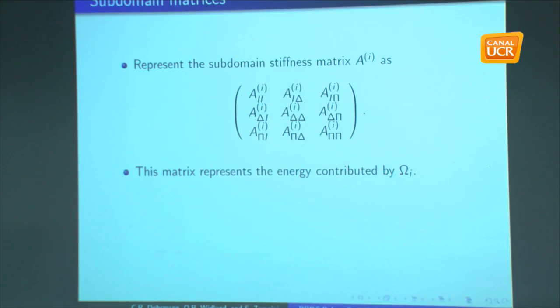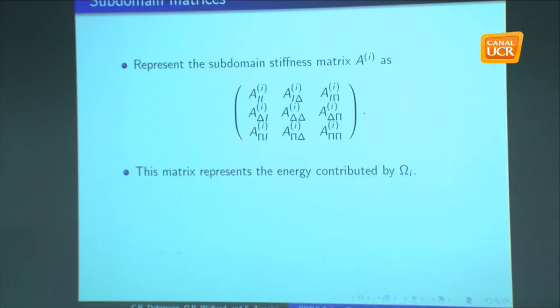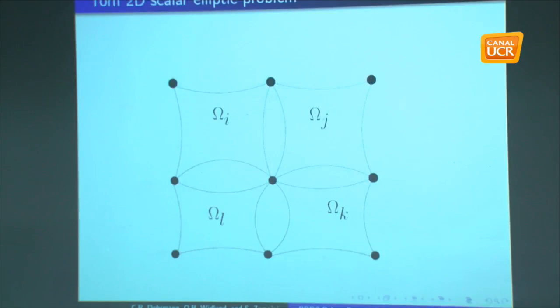This represents the energy contributed by omega I, and the whole model is just obtained by adding the energies up. That's called subassembly. So we enforce the continuity of the primal variables as in the given finite element model, and we allow multiple values for the dual variables when working with the partially subassembled model, which is here, right?